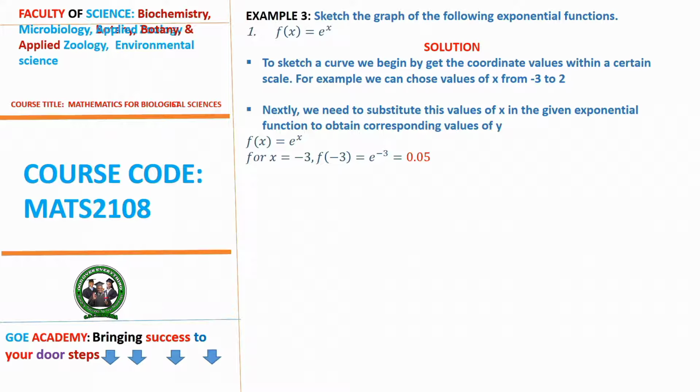You know that e has a value, and you can punch it on your calculator as well. I think e has a value of 2.72. Yes, you can just take 2.72 raised to the power minus 3. It gives you that answer. Or you can press the value of e on your calculator as well. If you substitute all of this properly and punch properly, you will end up with these corresponding values.